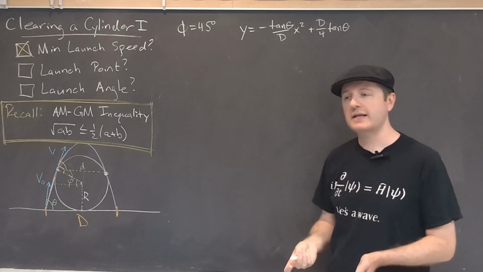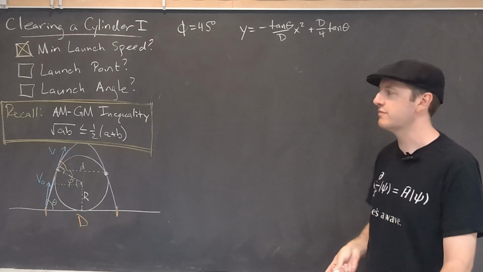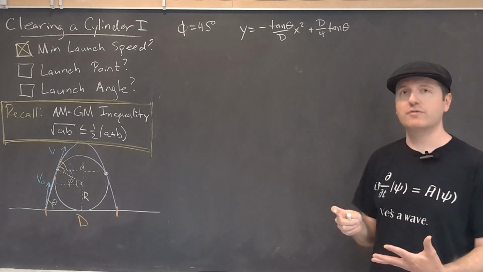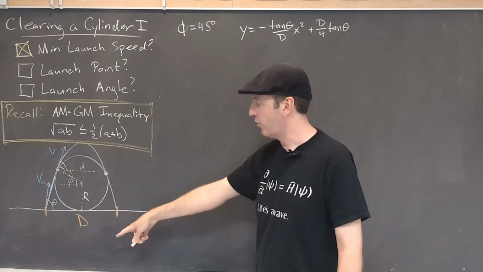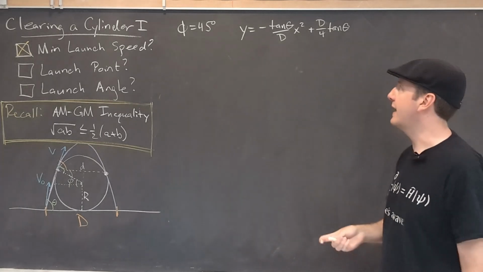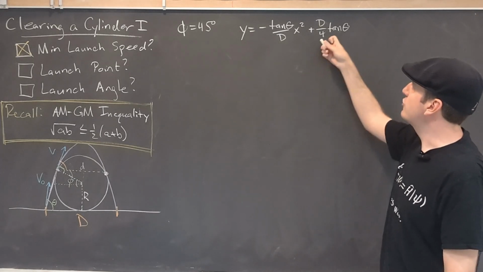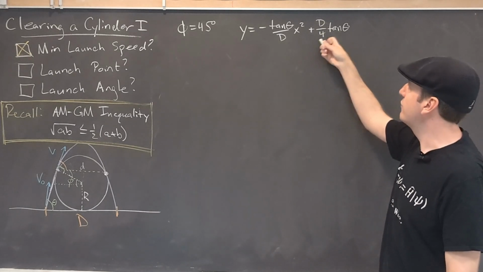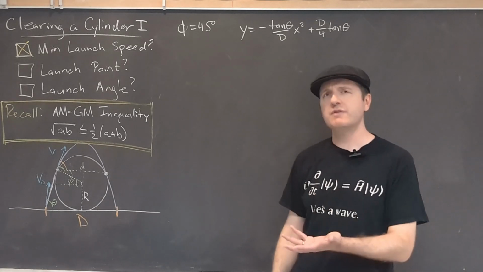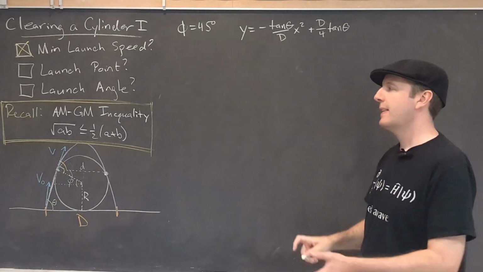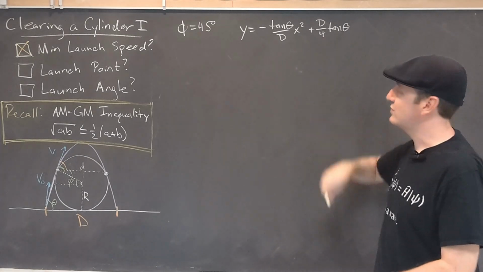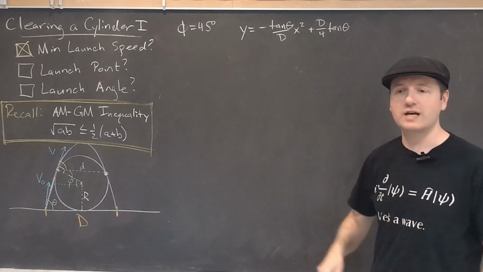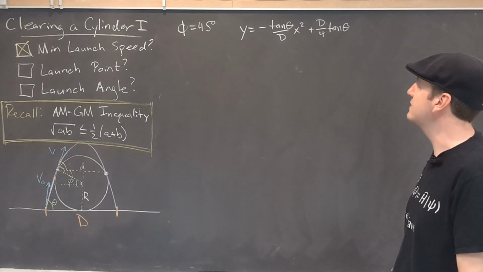I'm not going to derive that here because we've done that several times before, but notice that it has all the features we want. There's no linear term because of where I chose my origin. It's got to be symmetric around the y-axis. Sure enough, the maximum height, d over 4 tan theta, we did figure out at some previous point how the max height is related to the range, and indeed, the tangent of the launch point is like 4 times their ratio, so that's kind of nice.